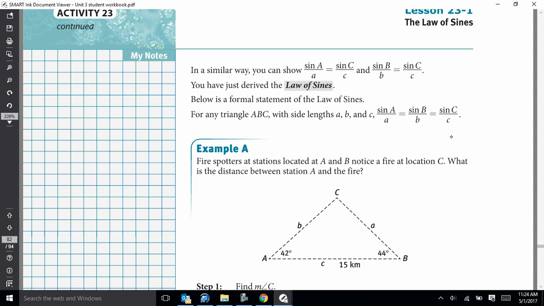Sine of angle A over side A equals sine of angle B over side B equals sine of angle C over side C.